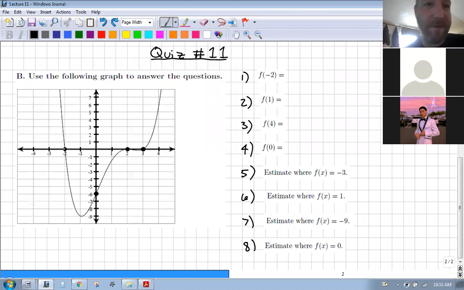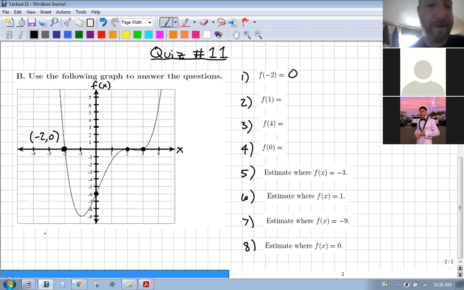So at -2 here, what is that point? That point is -2, 0, right? This is x. This is your f of x, which is the same thing as y. So f of -2 is going to be 0 because this is a point on our graph.